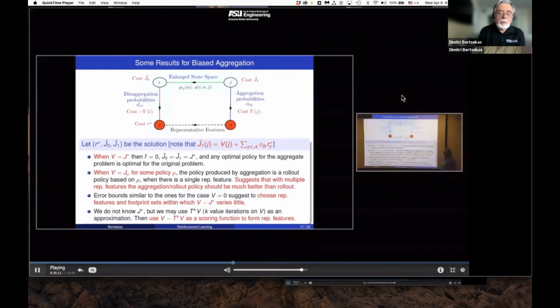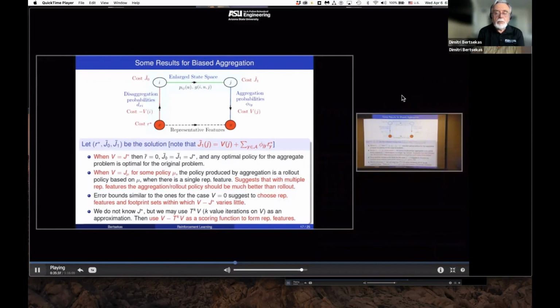So one possibility is to use k value iterations on V to approximate J star. That will give me roughly the shape of this difference, which is what I need to know for picking the representative features, by using this expression as a scoring function.